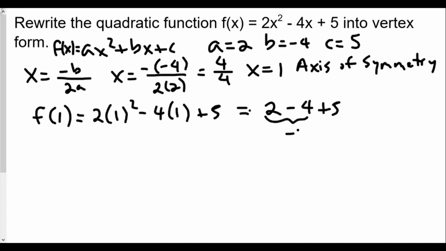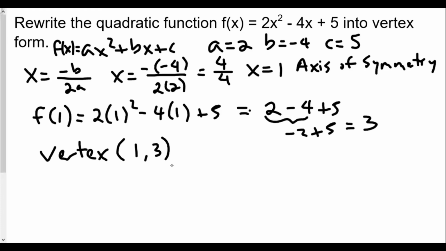This is negative 2 plus 5. Our matching y value is 3. So our vertex is going to be, in this case, our x value of 1 and a y value of 3. And yes, our vertex is h comma k.